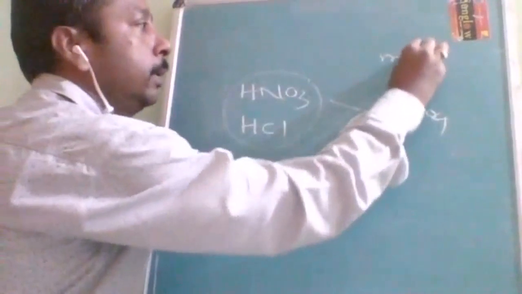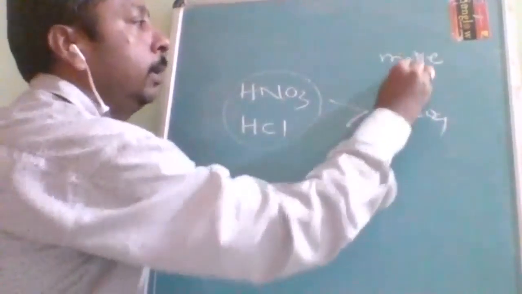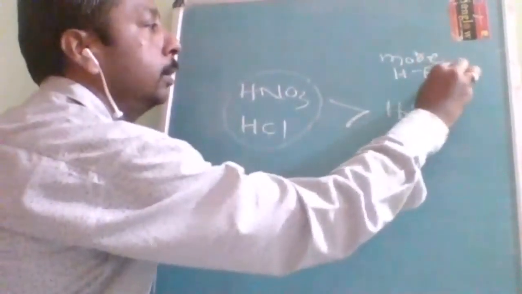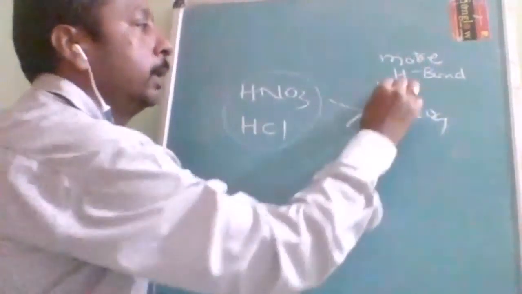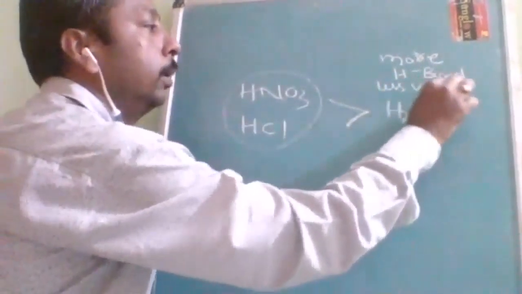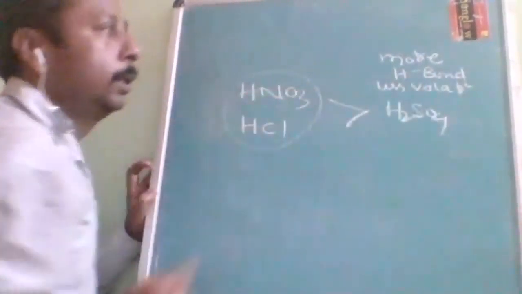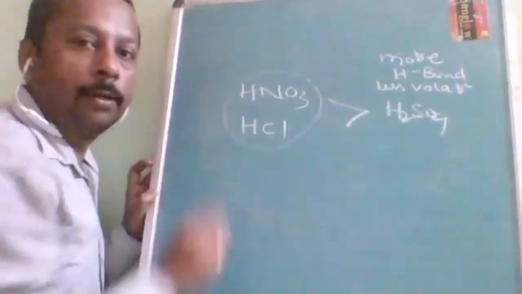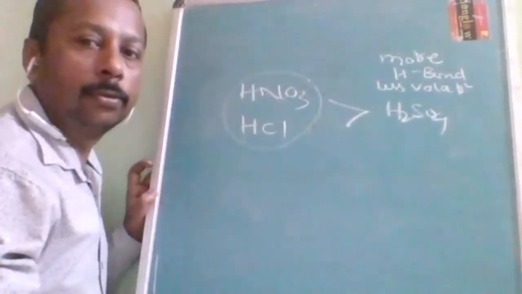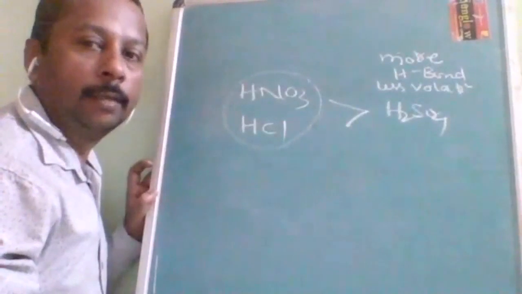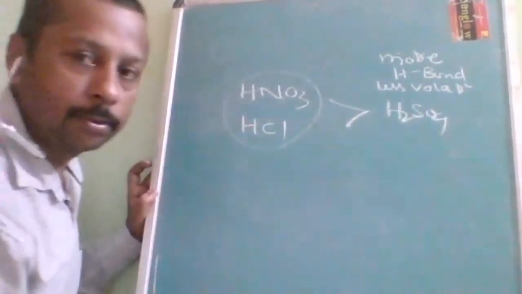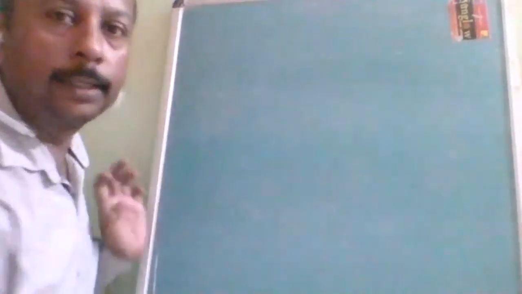As in the starting lecture, more hydrogen bonds means more viscous and less volatile. Here, with no hydrogen bonds, there is more volatility. Is it understood, students? This is how you have to remember acidic properties.